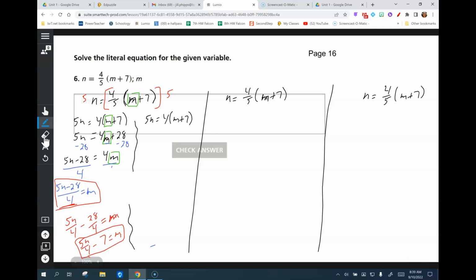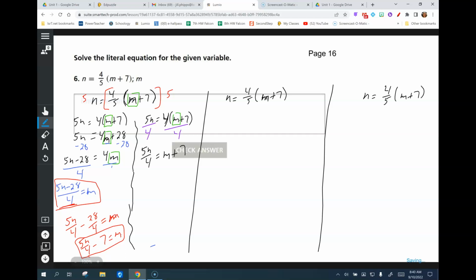Now, let's go back up to the top. At this point right up here, I could have also done it another way. So I indicate the variable I'm going for. Well, you see that 4 is connected by multiplication. So I could right now divide both sides by 4. Okay? And then I'm going to get 5n over 4 is equal to m plus 7.